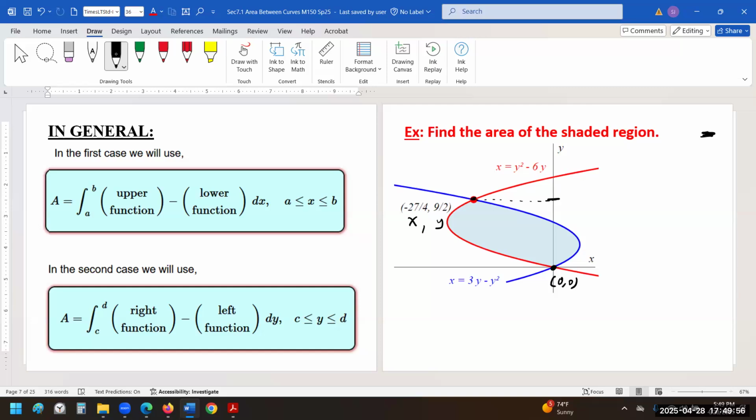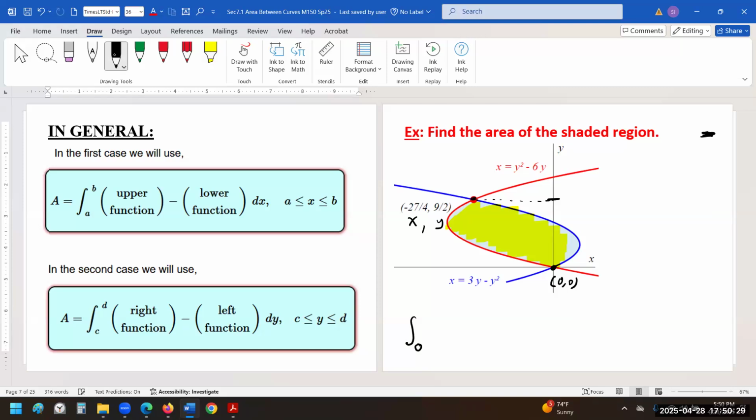So in this function, which one is the independent variable, x or y? Y. That means we are going to follow the bottom rule: right function minus the left function. So the area which we are looking at is this area between the two curves. To find this area, we are going to use the y values. So which two y values did they give us here? 9.5 and 0.